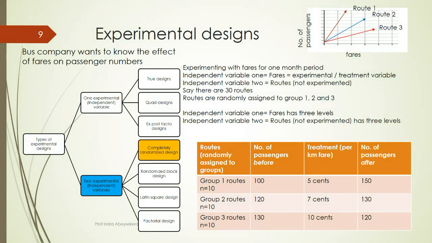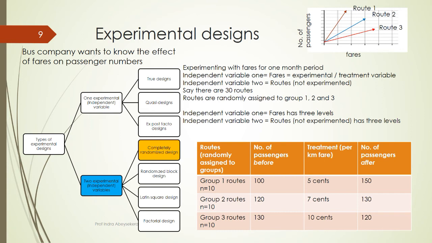So in the completely randomized design, we have 2 independent variables. Variable 1 is the experimental variable. Variable 2 is the route, which is not experimented. So what we do is, we allocate the 3 levels into the independent variable, which are not experimented.